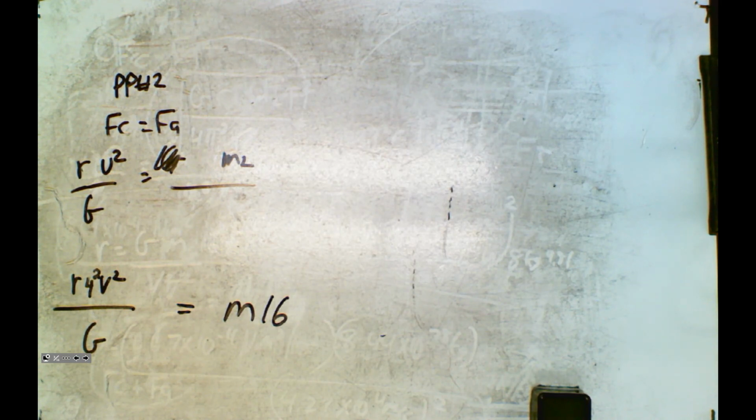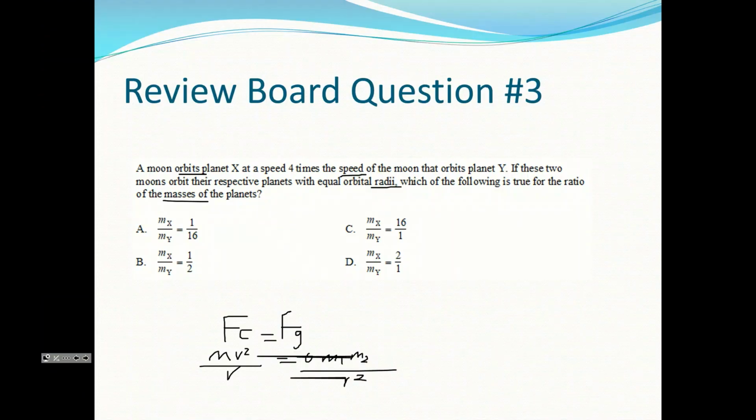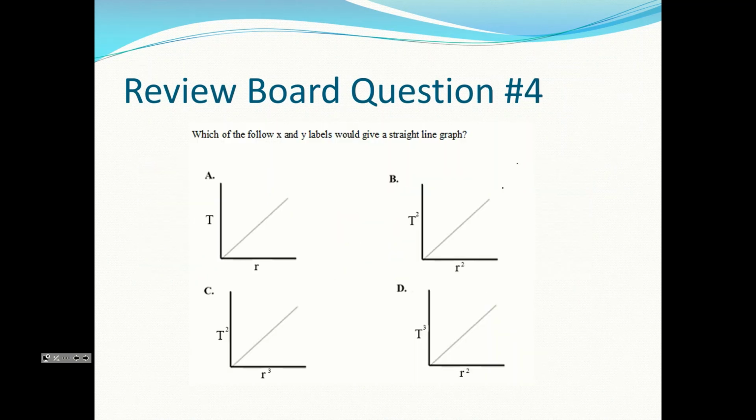Okay, and then this last one, which of the following labels would give a straight line graph? Sorry, I didn't switch over to this. So let's see if I can write this out without it getting all streaky. Fc is equal to Fg. That has period and radius in it.